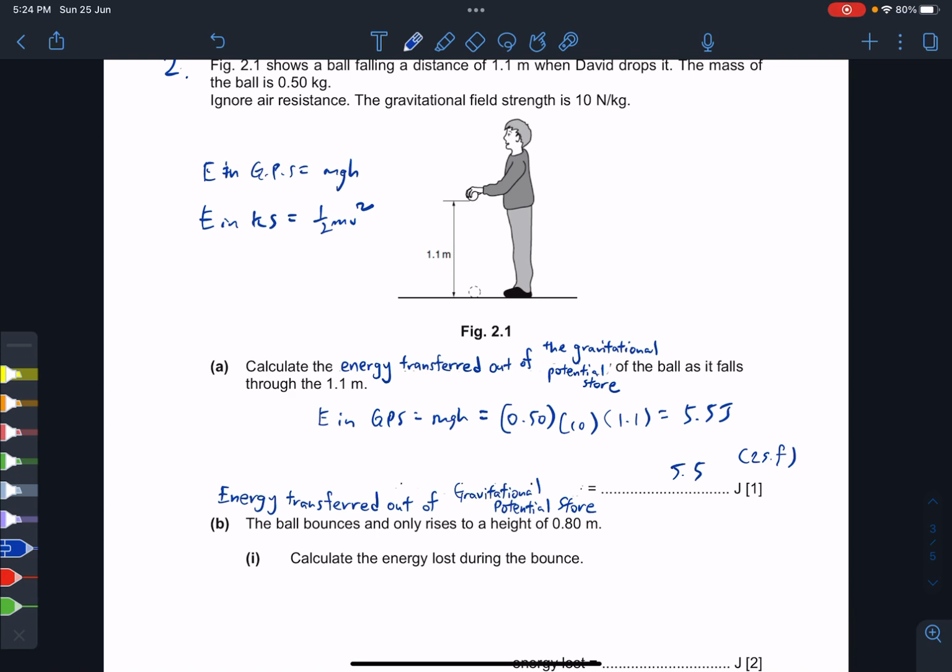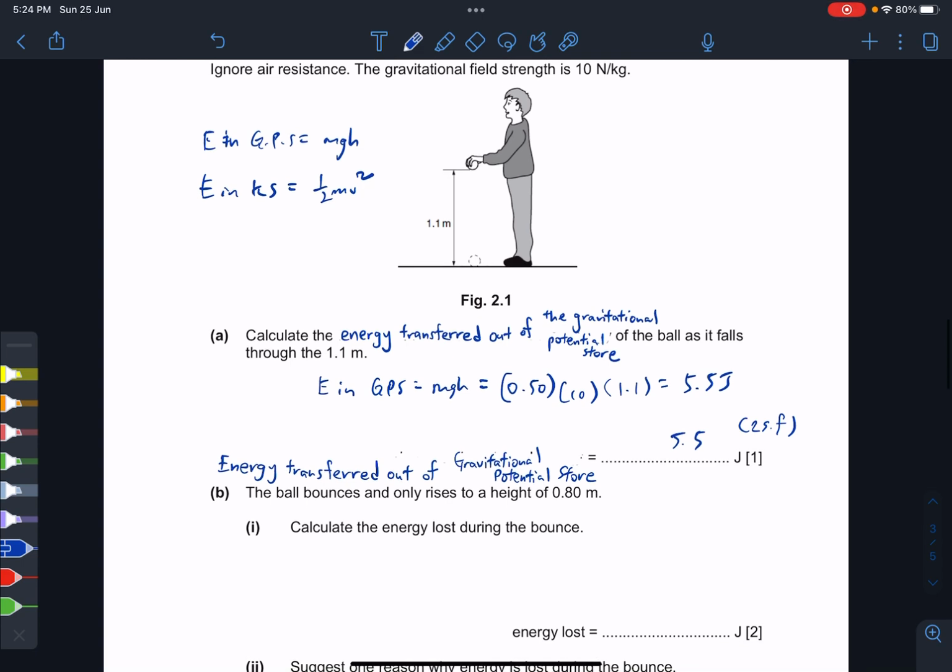So next, B. The ball bounces and only rises. You see the word only rises means it's a bit surprising, so let's figure out what's happening. What's the energy loss? You calculate the energy in GPE, which is m, 0.5 times 10 times 0.8.